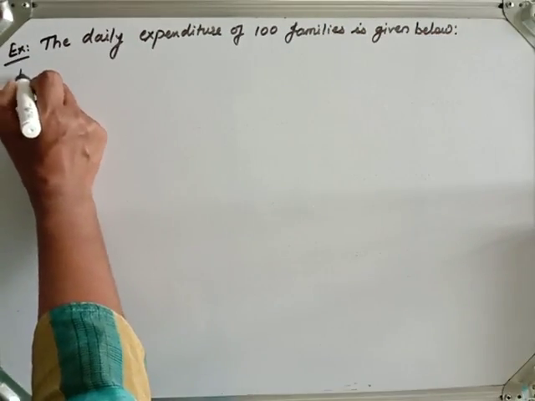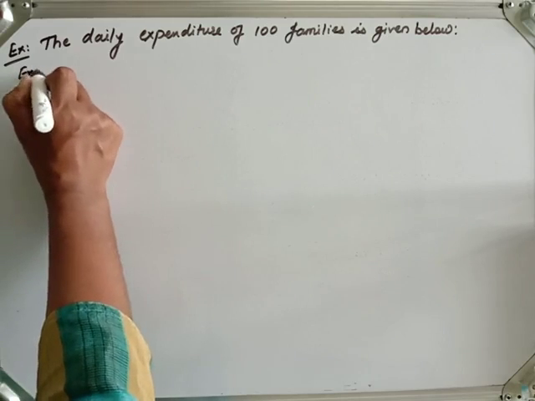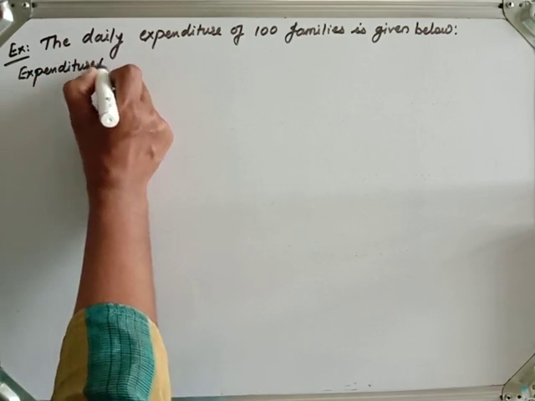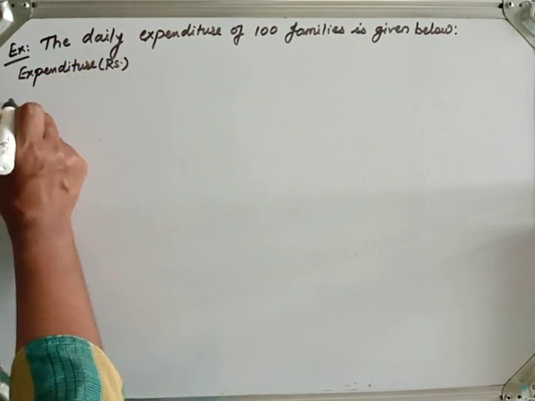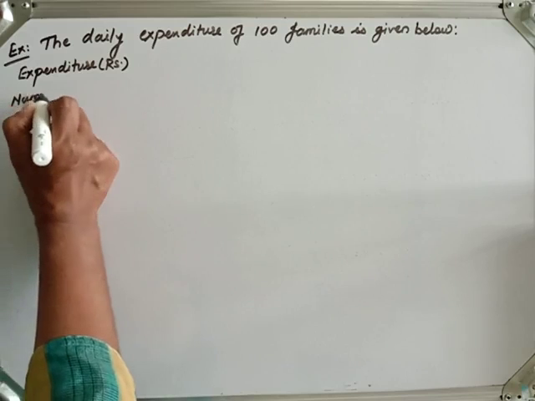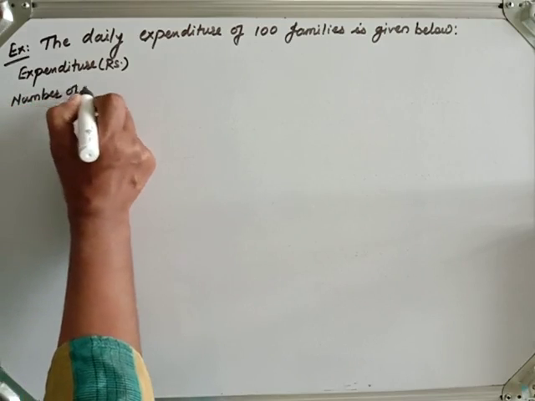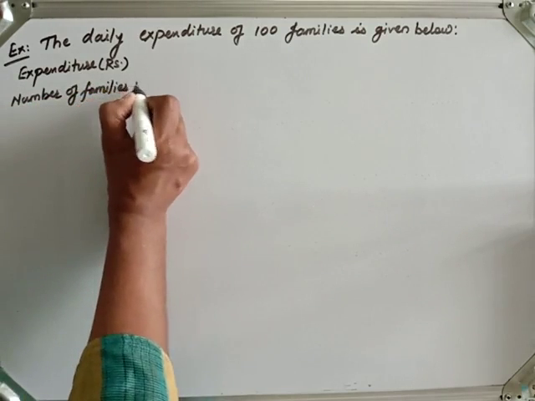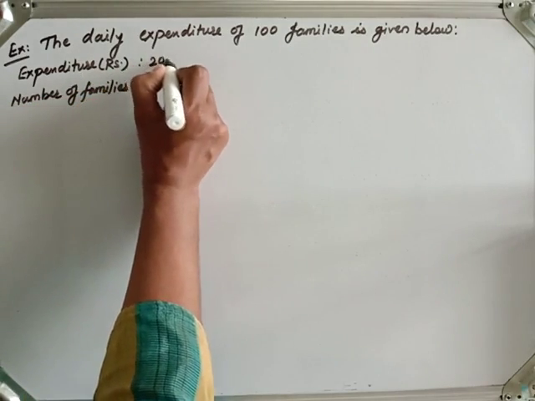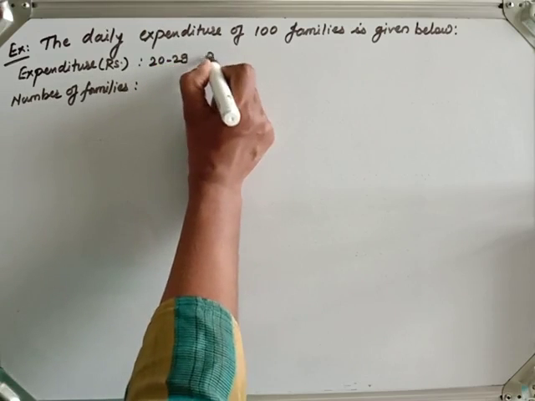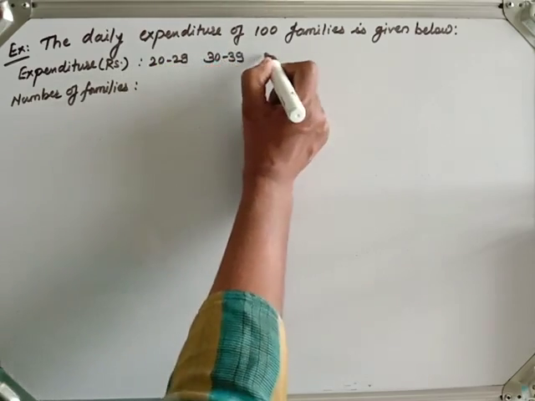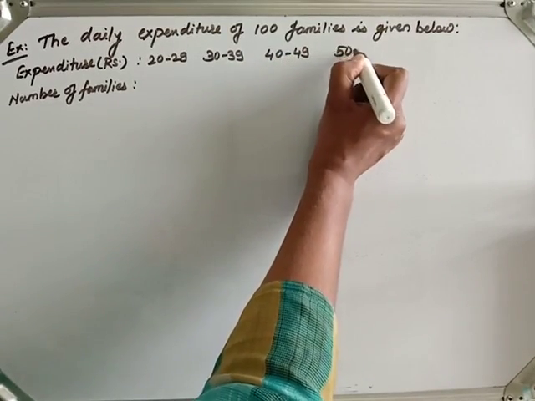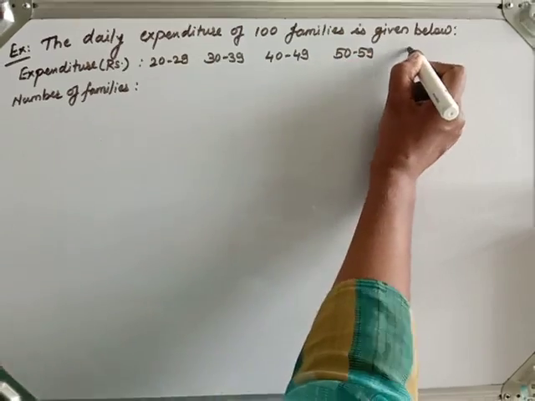So expenditure, obviously this is in rupees, and number of families. Expenditure is given as 20 to 29, 30 to 39, 40 to 49, 50 to 59 and 60 to 69.